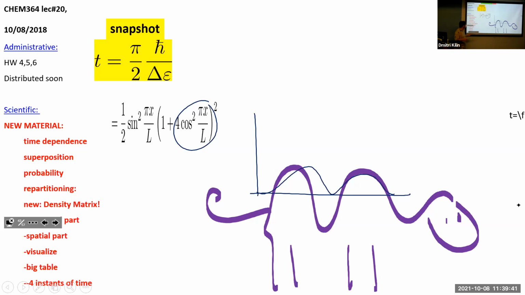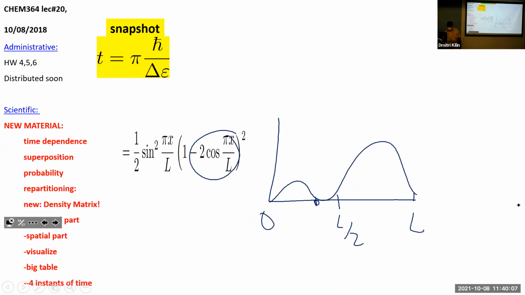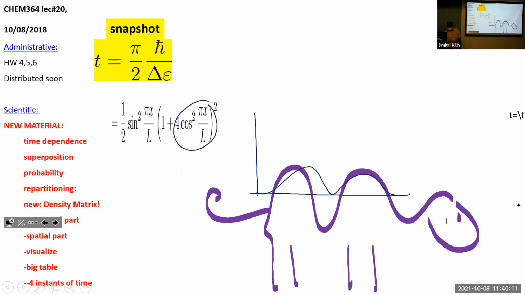Cosine gets positive and negative, but cosine square is always positive. Let's check how we get it. No. Let's find it out.